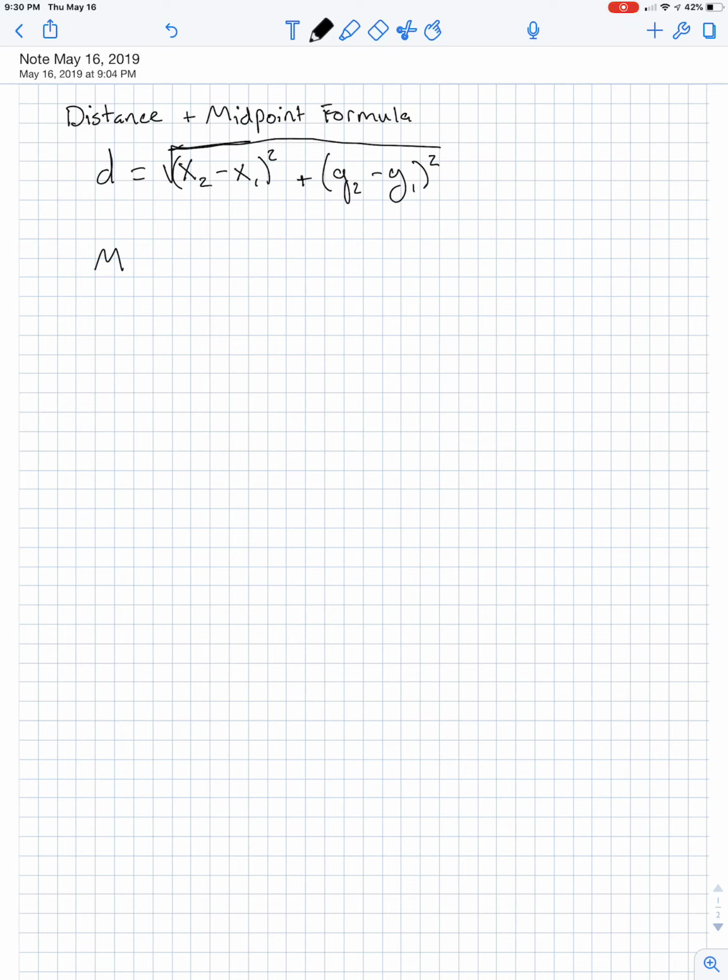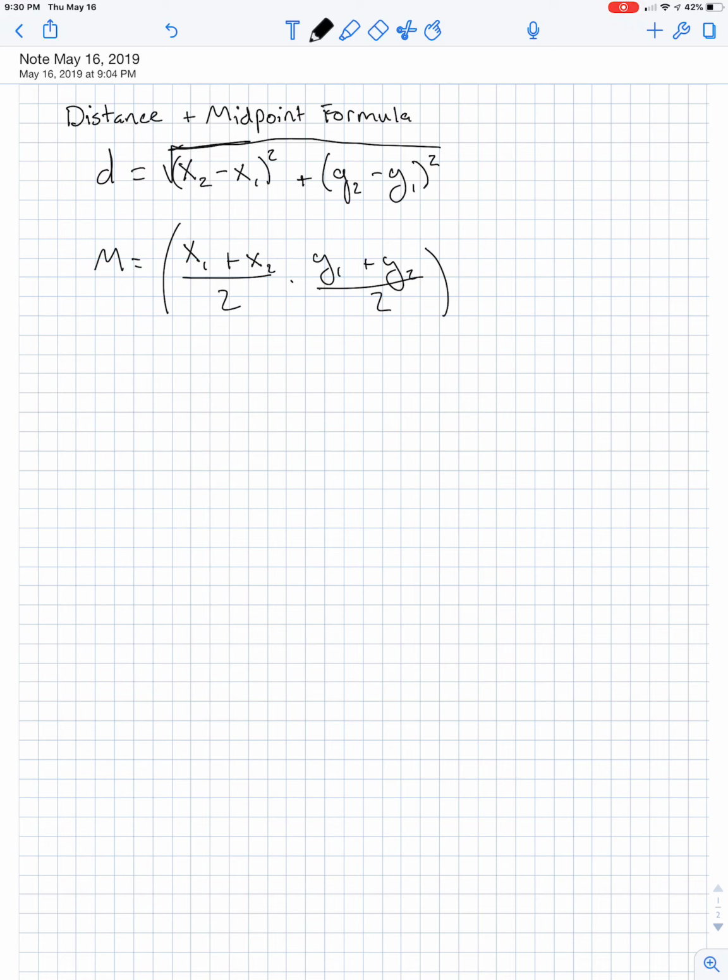M equals, in parentheses, (x1 plus x2, comma, y1 plus y2), and all that is over 2.